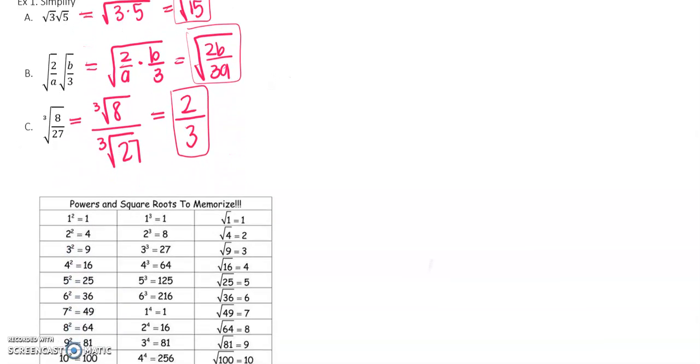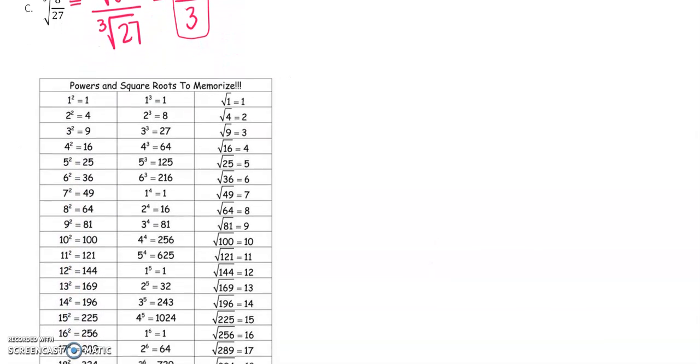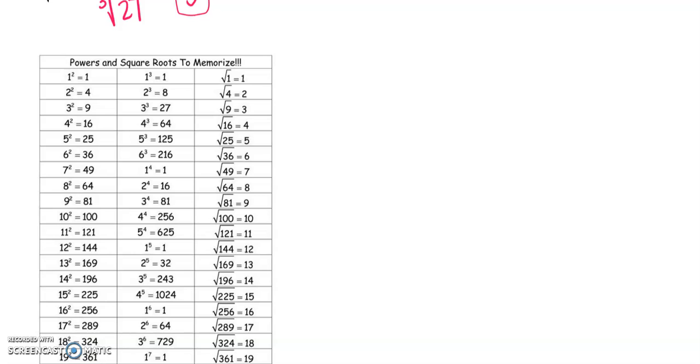Now, something that I was talking about is, for example, I just talked about 2 to the 3, that's 8, and then 3 to the 3rd power, that's 27. So that's something that you could memorize.